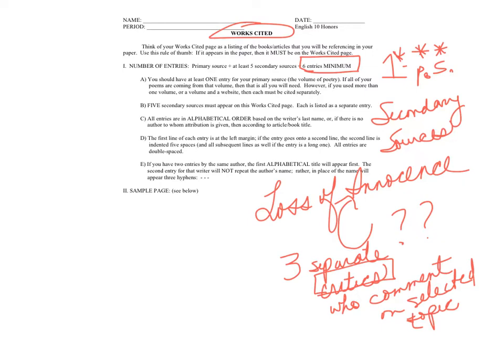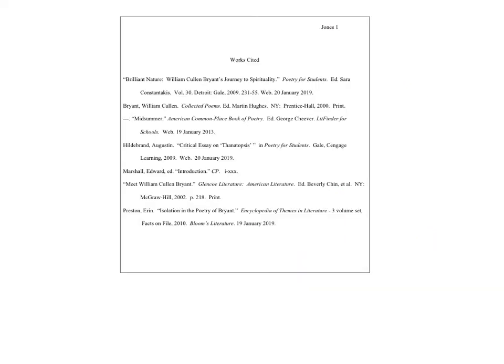So if I take a moment to just examine, let's say this was the first submittal, and you have your primary source right here, so you're going to definitely keep that. And you're still going to have your last name and page number and the words works cited centered.